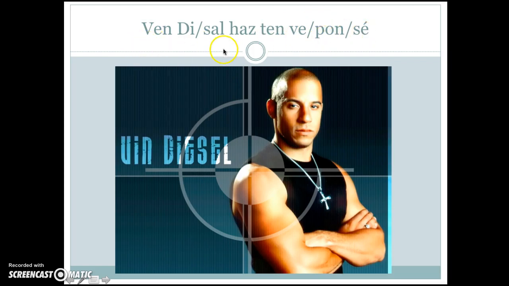And this is a little mnemonic device. Ven, di, sal, haz, ten, ve, pon, sé. Vin Diesel has ten weapons, sort of with a German accent. I find it super helpful, and that will help you remember what the affirmative tú irregular commands are.